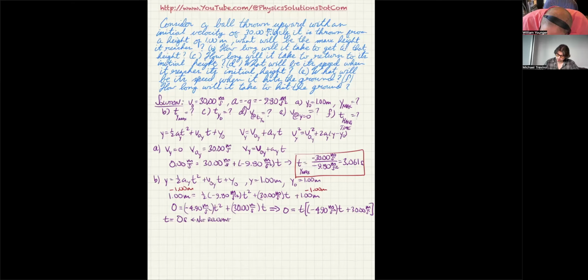And then the other solution is negative 4.90 meters per second times t plus 30.00 meters per second is equal to zero. In that case, I get t is equal to 30.00 meters per second divided by 4.90 meters per second, and therefore we get t is equal to 6.122 seconds.